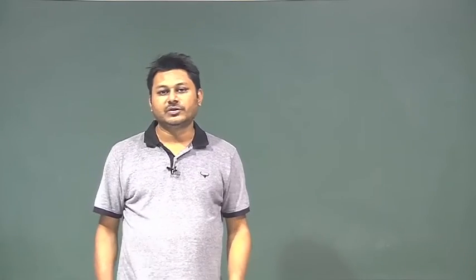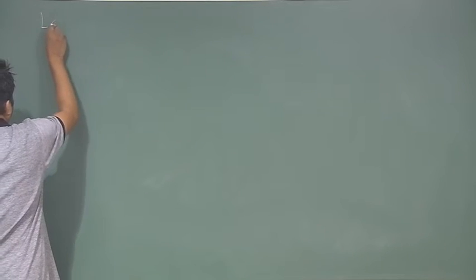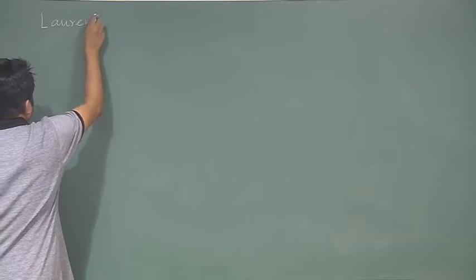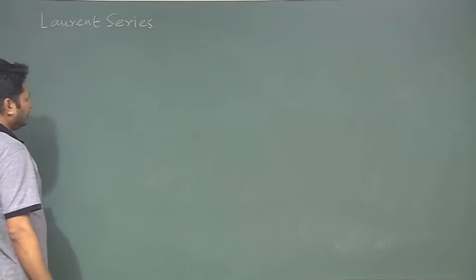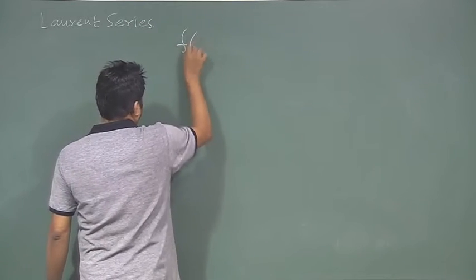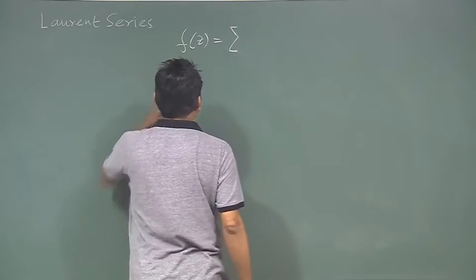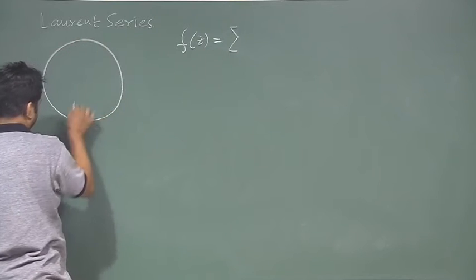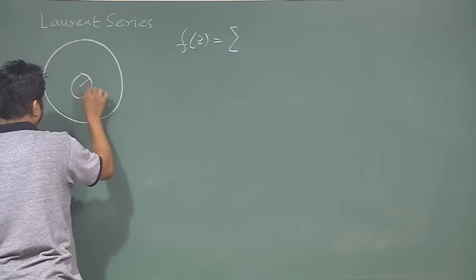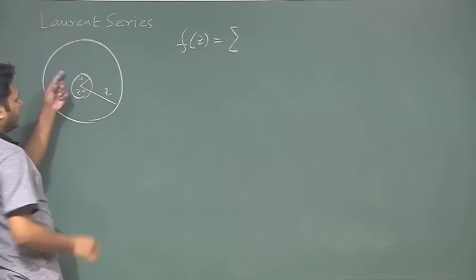So, welcome back student to the next class of complex analysis, where we are dealing with something called Laurent series. This is a series we described last class, where the function is analytic in some annular region defined by this.